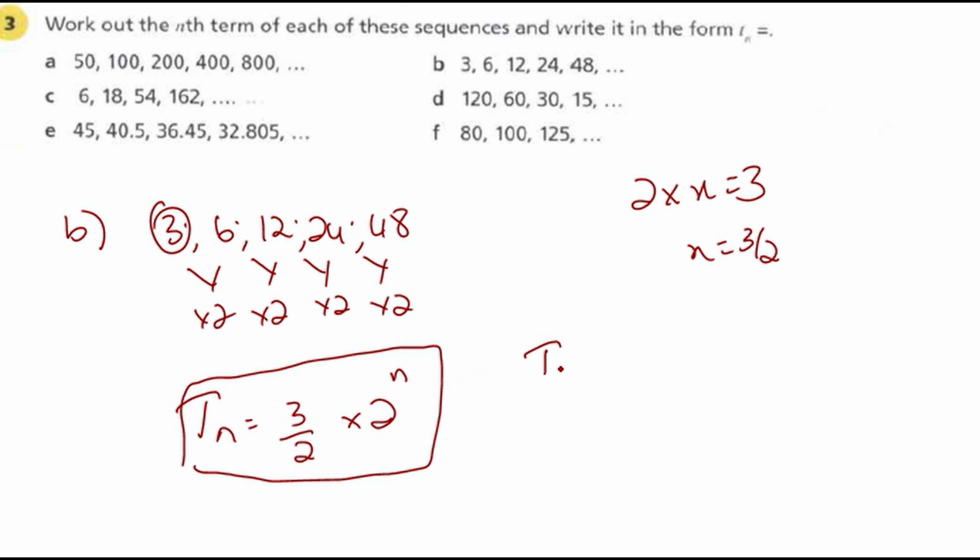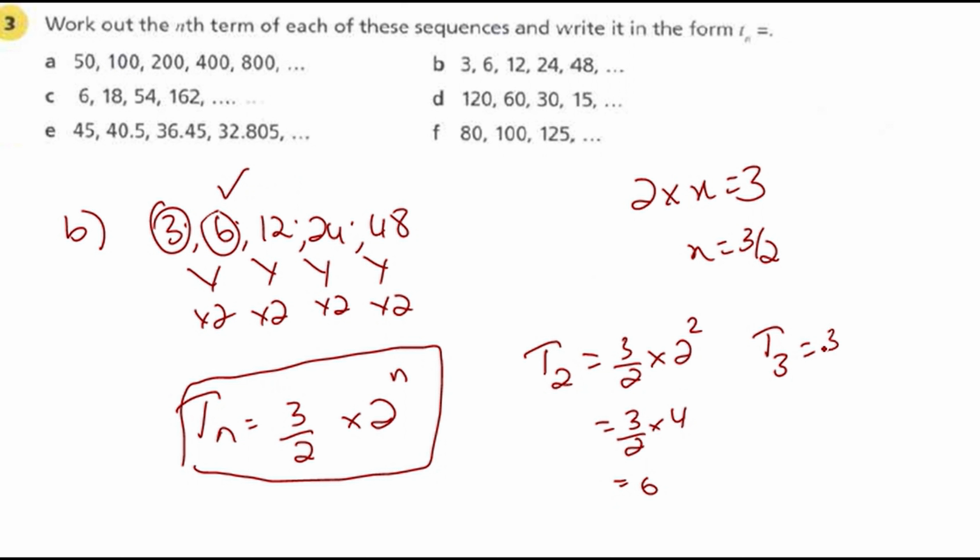Now let's check that the next few terms are 6, 12, and 24. When n equals 2, we'll have 3 over 2 times 2 to the 2. That's 3 over 2 times 4. 12 over 2 equals 6, so that checks out. When n equals 3, we'll have 3 over 2 times 2 to the 3. 3 over 2 times 8, 24 over 2 is 12.